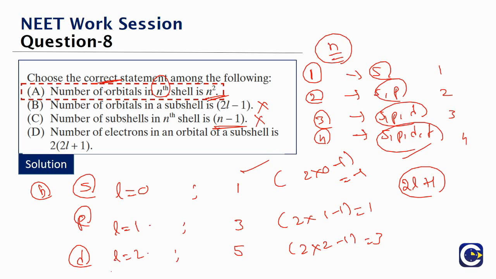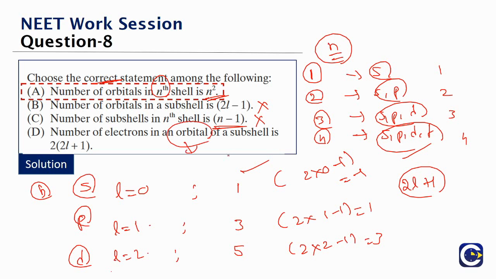Look at option D. The number of electrons in an orbital of a subshell is 2 into 2l plus 1. What is it essentially referring to? An orbital belongs to a particular subshell.